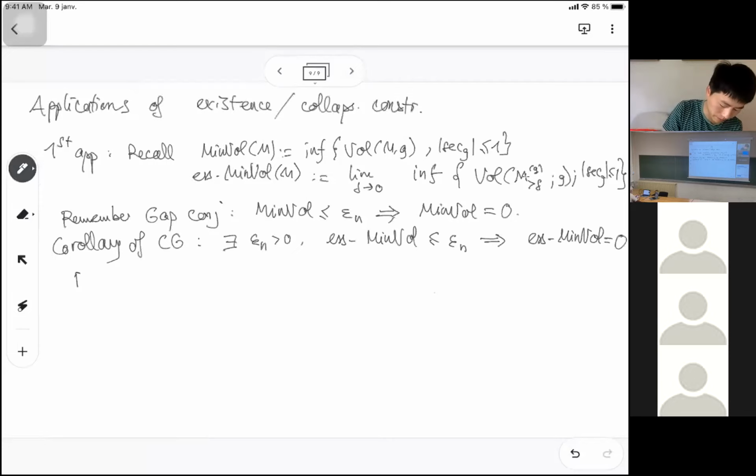And the proof goes as follows. Let's suppose that the essential minimal volume is very small. Suppose you have a manifold such that the essential minimal volume is smaller than delta n divided by 2, where delta n is as in the theorem of Cheeger-Gromov.